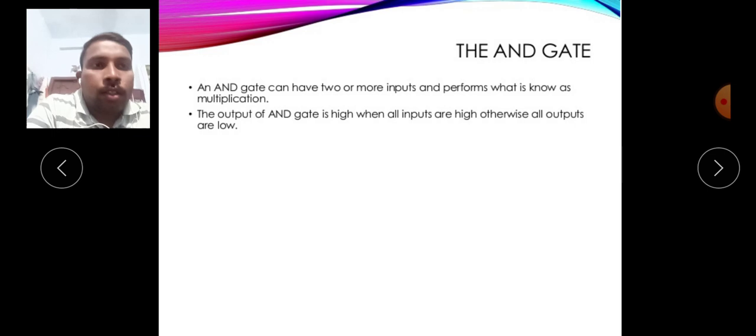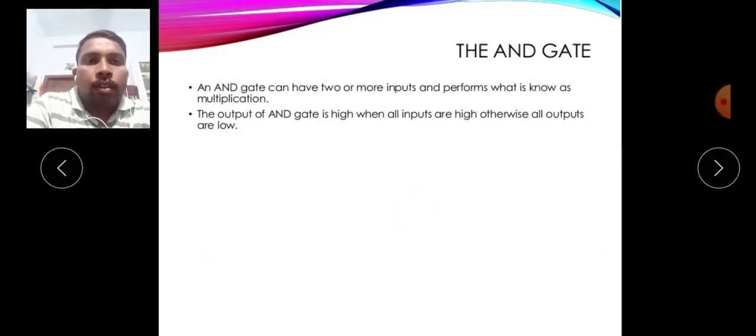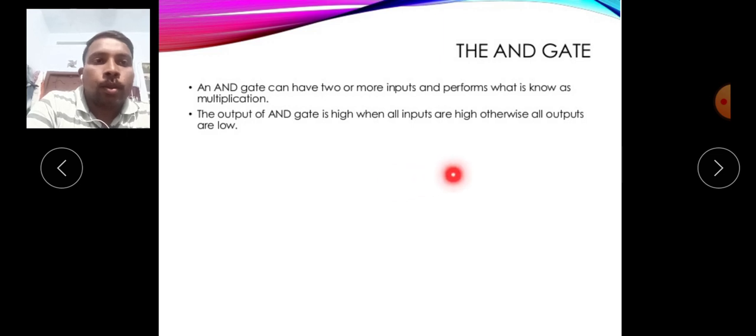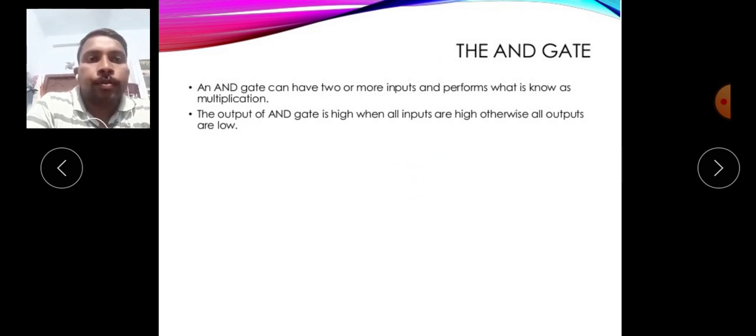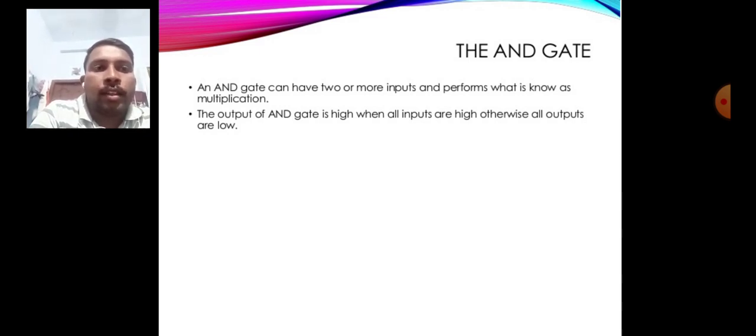The first one is the AND gate. What is the AND gate? An AND gate can have two or more inputs and performs what is known as multiplication. That means this gate has two or more inputs, not only one input, and one output.